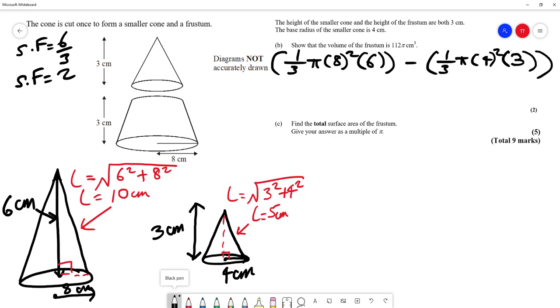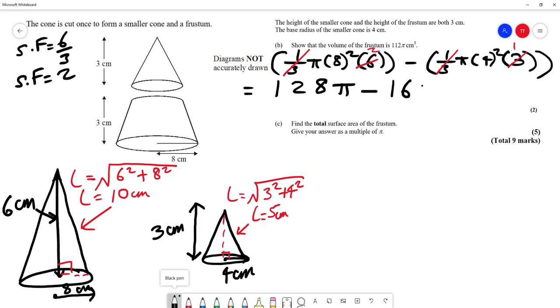So I'm going to cancel 6 and 3. That'll give me 2. Cancel the third and 3 to give me 1. So now 8 squared is 64 times 2 is 128. That's 128 pi. Minus 4 squared, which is 16 times 1 is 16 times pi.